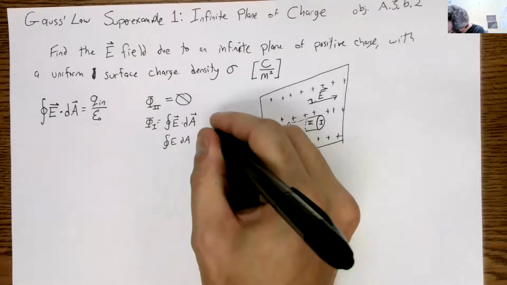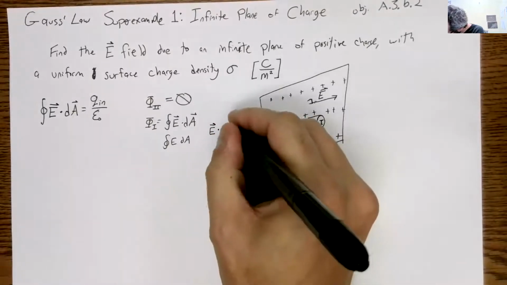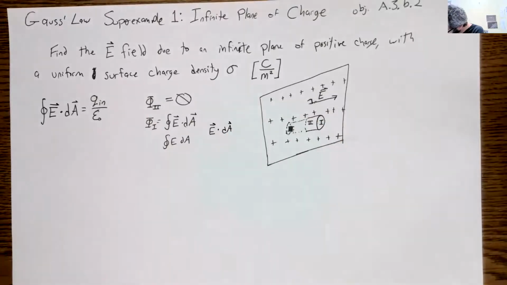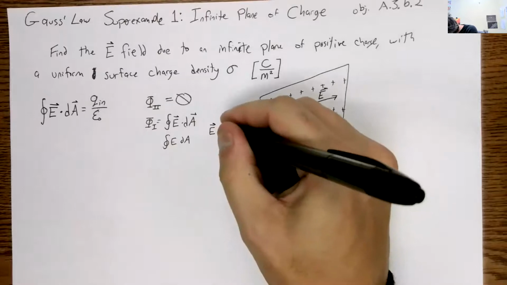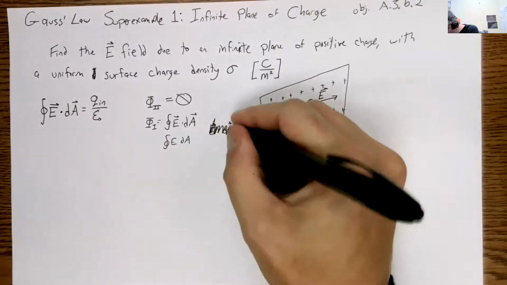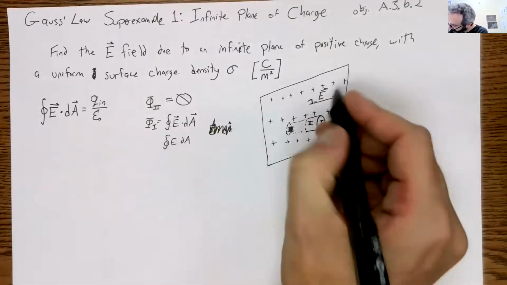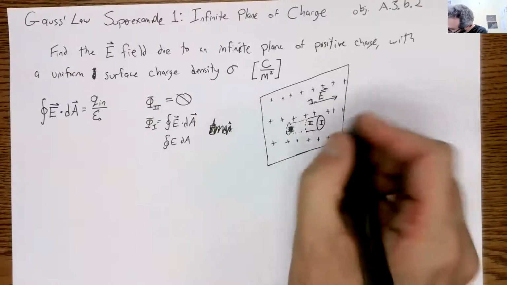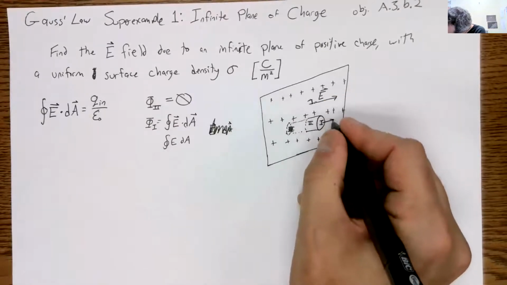Here, E dot dA is just in this case going to be equal to EdA, because the electric field is pointing directly outwards from the plane of charge, and so is the dA vector.